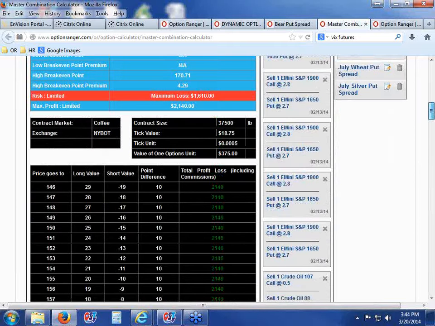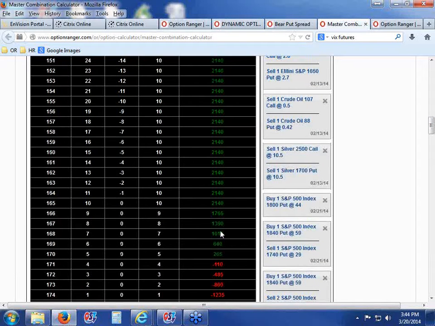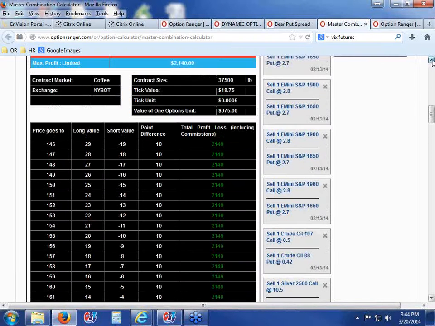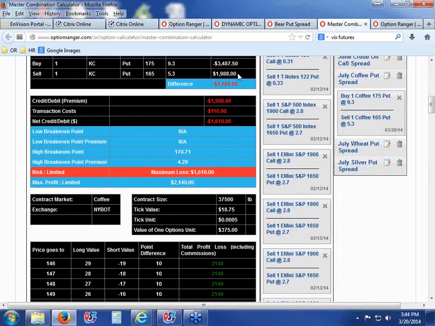And let's look at the numbers themselves, which is the most important thing. We have a review of the tick values, and then as you can see, no matter how far down coffee goes, once we get past our break-even, once we get to that 165 ideal target, the maximum profit of 2140 has been reached, and no matter how much further the market drops in a bearish move, that is the most that can be made on this trade, because the profits beyond this level, or any intrinsic value beyond that place, are going to belong to the person who paid, in this particular scenario, $1,988 to purchase that 165 put.